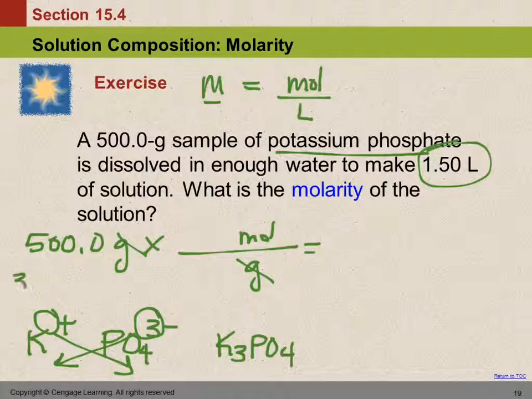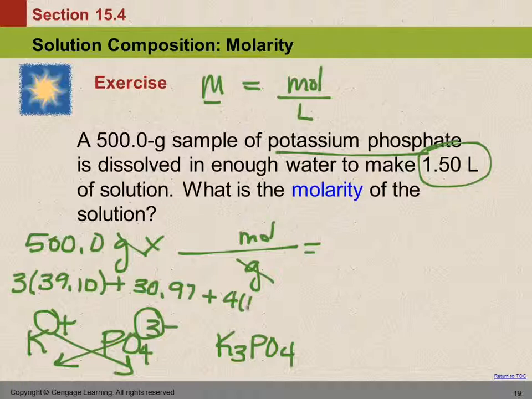So we've got 3 potassiums, and those are 39.10. And how many phosphorus atoms? Just 1. And so we look up its molar mass, and it's 30.97. And how many oxygens? 4.